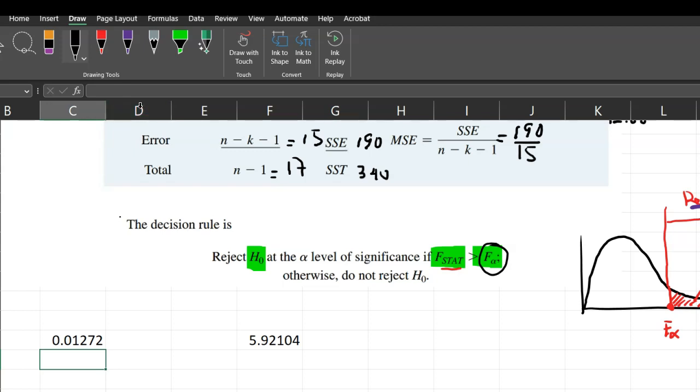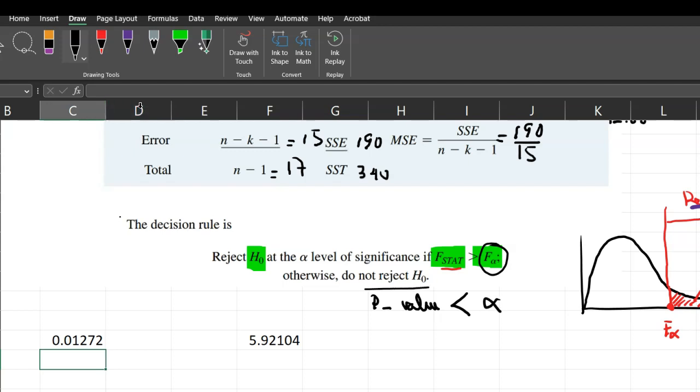The area is going to be shaded with the p value. So what we understand is if the f stat is greater than f alpha, this is equivalent to the p value being less. You see the area is smaller than the alpha value.